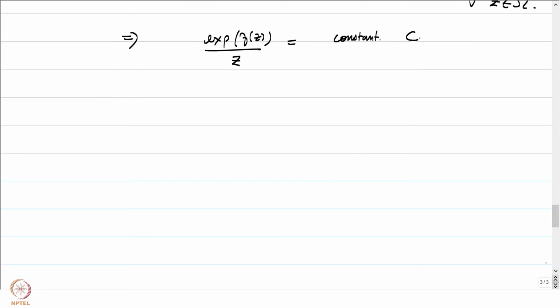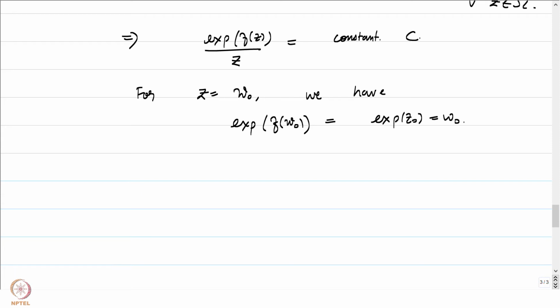But we had arranged for our f to be special. For z equal to w0, we have exp of f of w0, which is going to be equal to exp of z0, which is equal to w0. I hope I have not mixed things up.